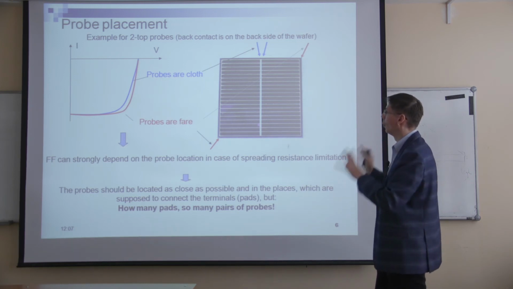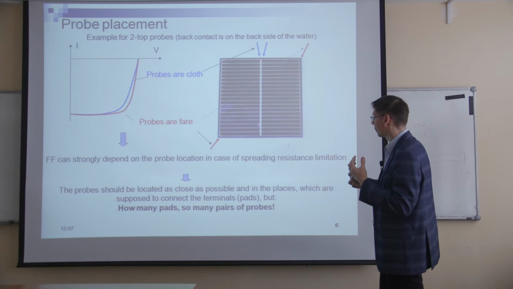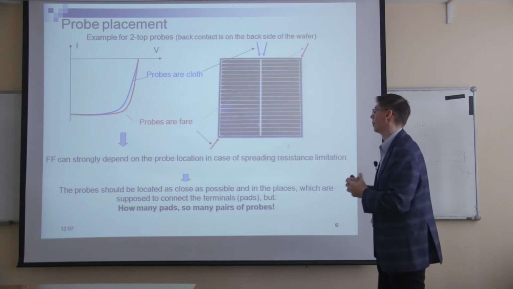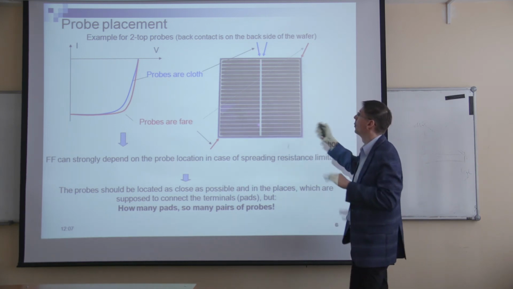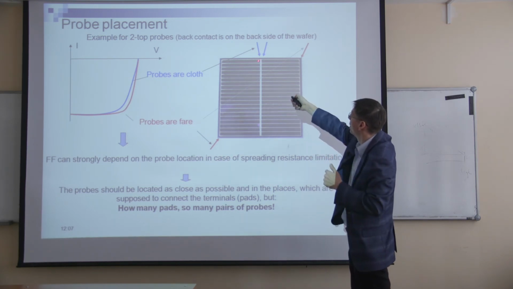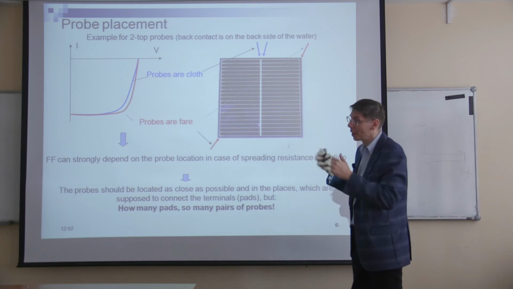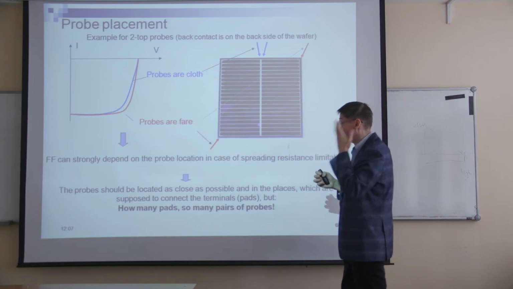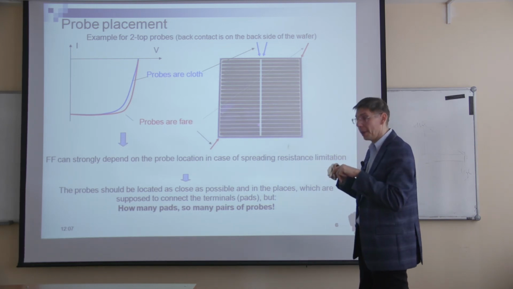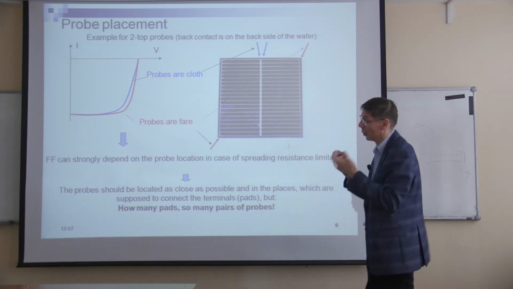So if the model design predicts that you have to connect your bus bar here, you have to locate the tips at this point. If you have, for example, 2 or 3 bus bars, you have to use the same number of pairs. So I mean, for example, for one bus bar, if you have one connecting point, you have one pair.